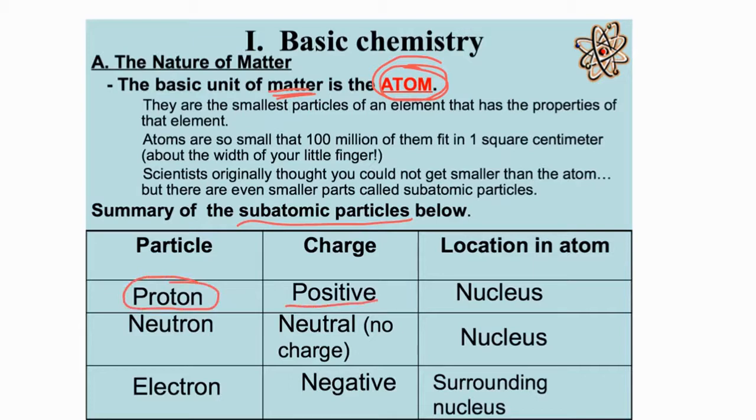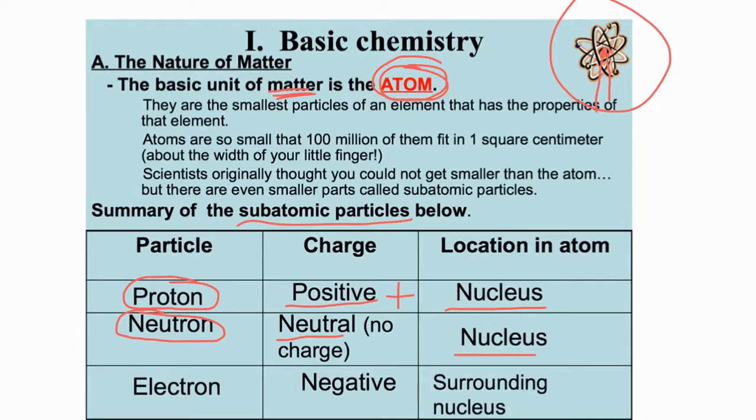Protons have a positive charge, and those guys are located within the nucleus. So this guy up here, this atom, the nucleus would be that little red ball in the middle. Those are where the protons are going to be found. Also in the nucleus are these particles called neutrons. Now, neutrons have a neutral or no charge at all, no charge.